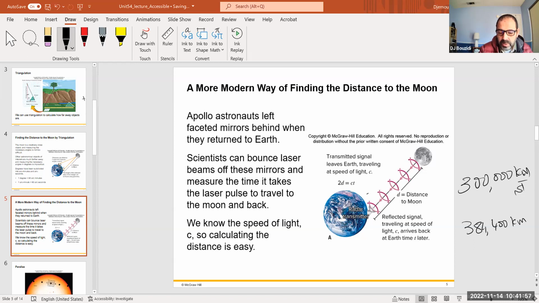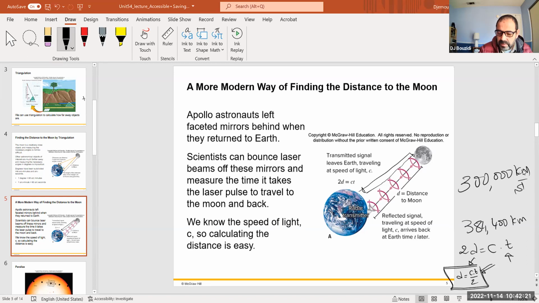So if you send a beam, it will take slightly over a second to go and slightly over a second to reach back, depending on the time you measure. So twice the distance traveled is equal to the speed of light times t. If you can measure the time between when the beam was sent and when it's received, you should be able to find the distance as just the speed of light times that time divided by 2. This is for the moon.